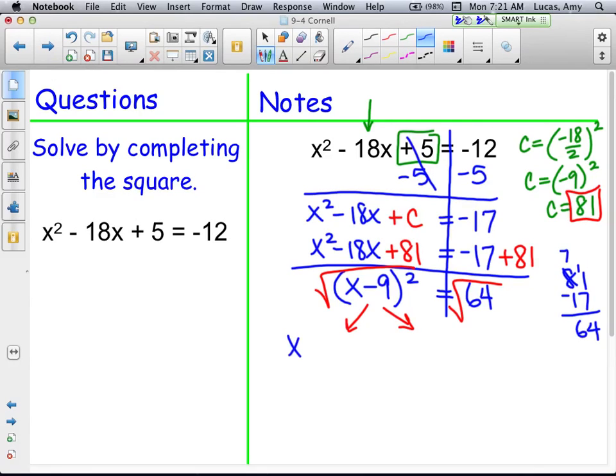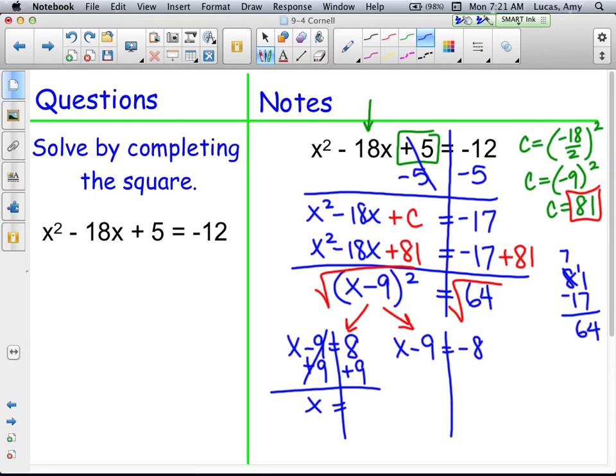So x minus 9 equals 8, or x minus 9 equals negative 8. And then solve both of those. Add 9 on both sides. x equals 17. And x equals 1.